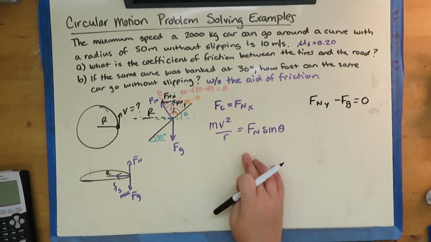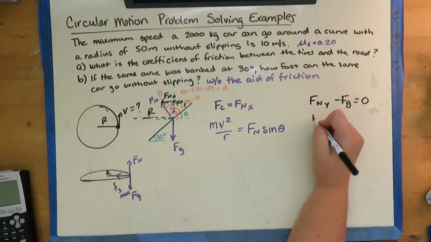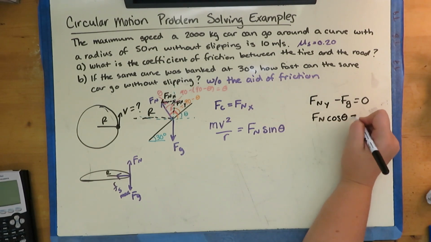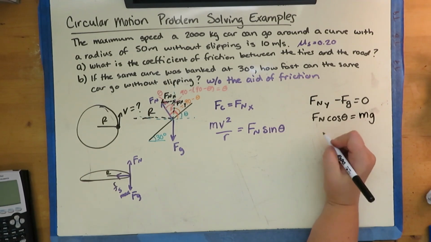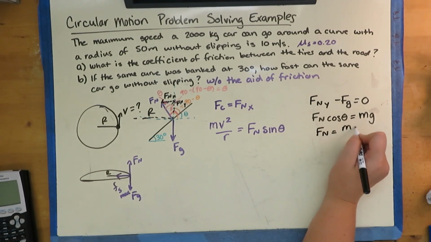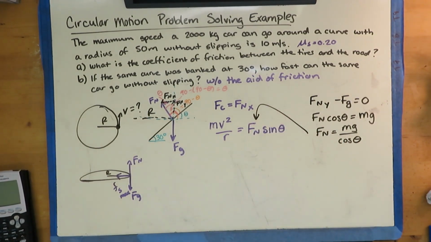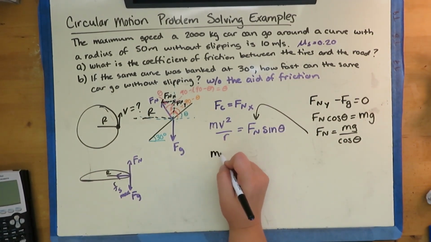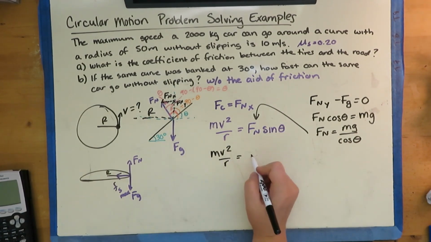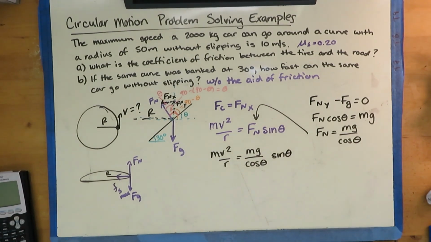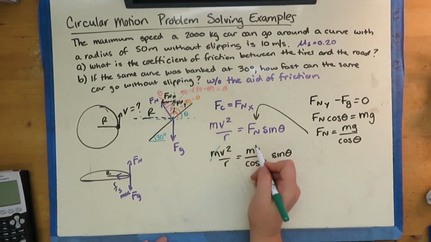So although I don't actually know my normal force, I can find it, because normal force in the y direction, which would be normal force cosine theta, is going to have to equal my gravity. So solving for normal force, it's going to be mg over cosine theta. So I can take that normal force and plug it in here. So I get that mv squared over r is going to be mg over cosine theta times sine theta. Notice that once again, my mass cancels out.